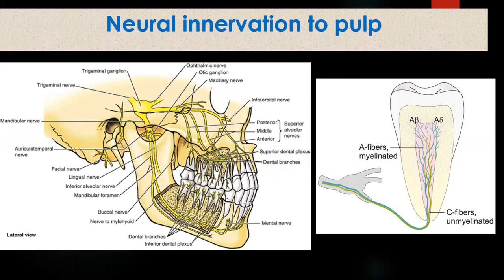So they will induce pain as a response to the stimuli. The A delta and A beta fibers are the first most fibers. They would be receiving the sensory signals or the stimulus whenever the odontoblastic processes are affected.